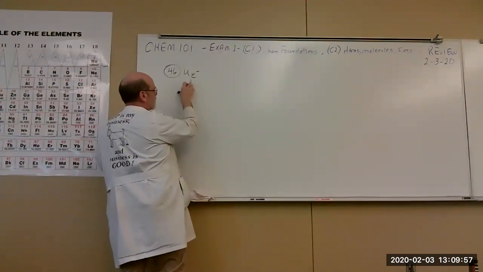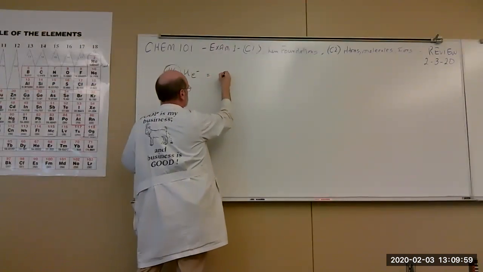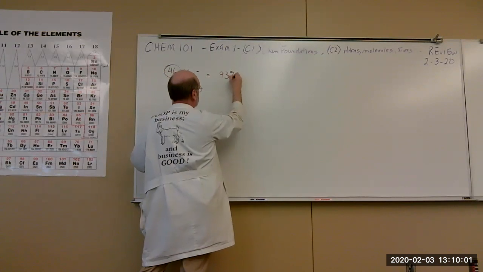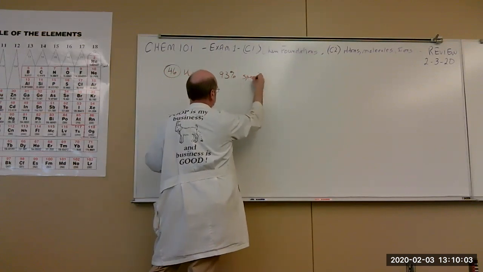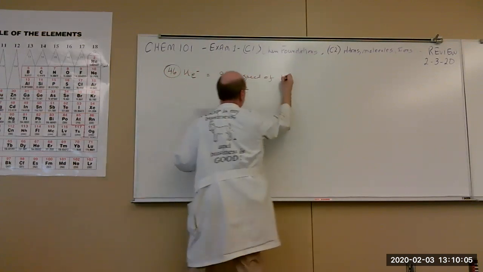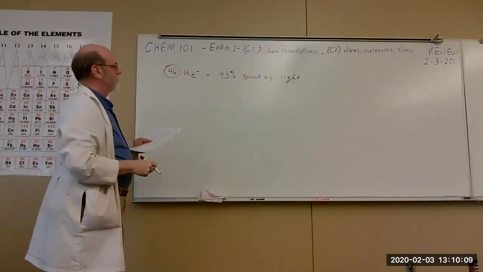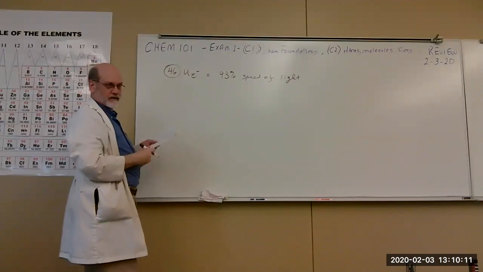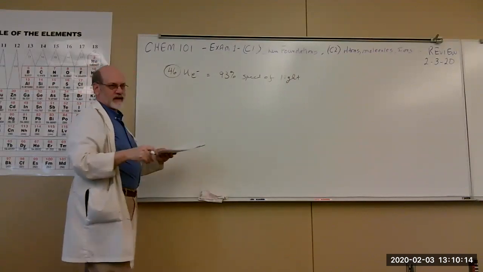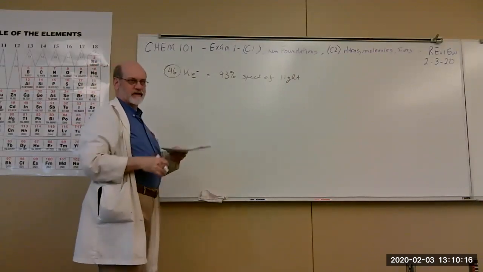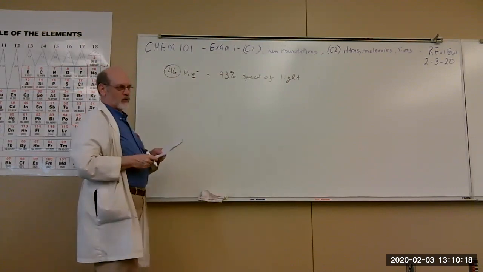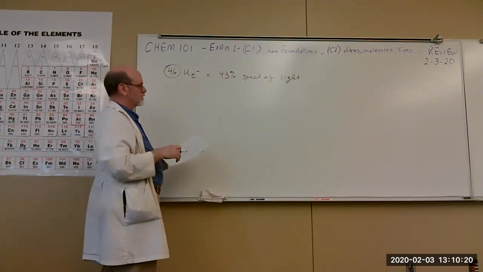So the velocity of the electron is equal to 93% speed of light, which is the constant. Yes, in a vacuum it's a constant. If it travels through something else besides a vacuum, it changes, which is the whole premise behind refraction.